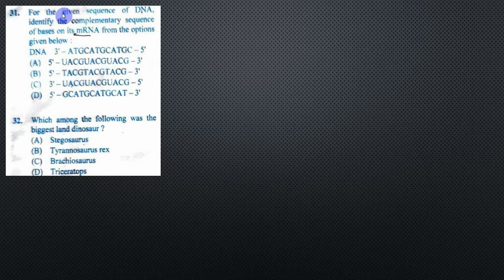For the given sequence of the DNA, identify the complementary sequence of bases in its mRNA from the options given below. The DNA they have given begins from the 3' end with ATG, CATG, CATGC, and ends with the 5' end, right? So they have asked about the mRNA. Remember one thing: wherever there is A, there will be U, wherever there is T, there will be A, wherever there is G, it will be with C, and C with G, right?